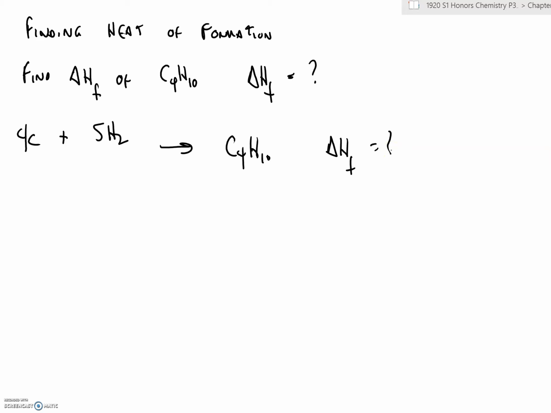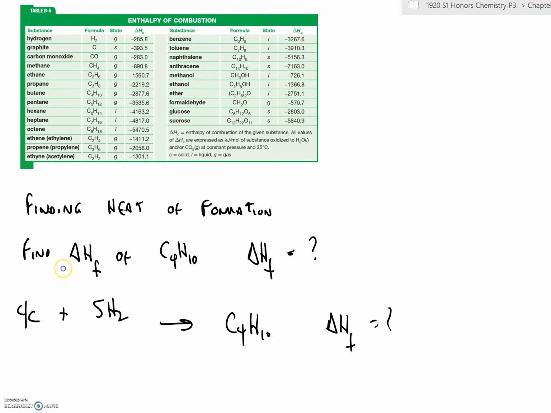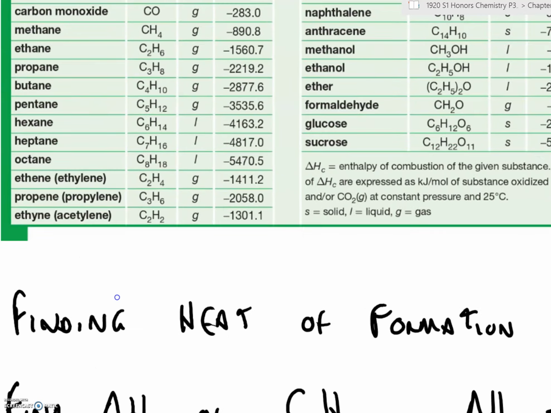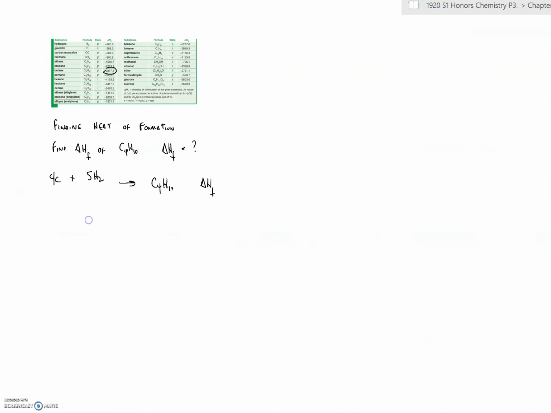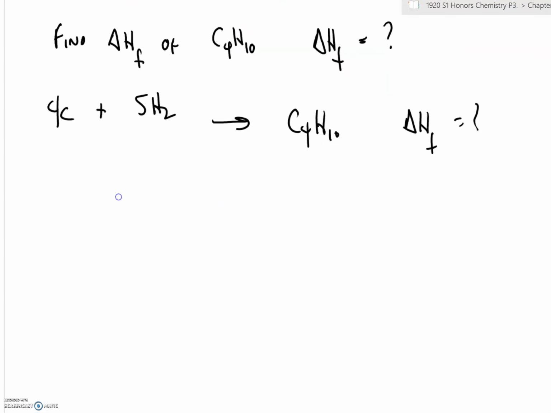We know that we're going to need some other information here. In fact, we know from this table that the heat of combustion of butane here is negative 2,877.6 kilojoules. So if we know the heat of combustion, we can write the combustion equation to look like this.